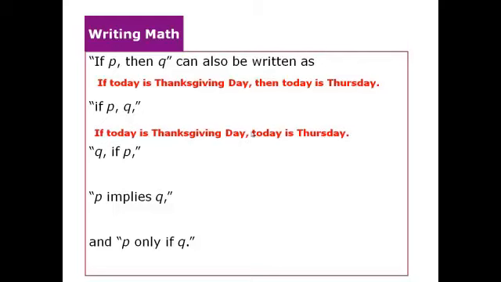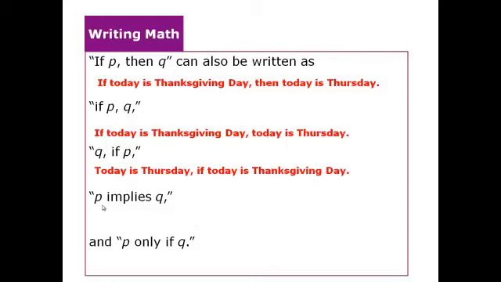Notice there's no then there. The then is understood. And yet we can still write it as Q if P, such as today is Thursday, that was the conclusion, if today is Thanksgiving Day. Today is Thanksgiving Day is our hypothesis.